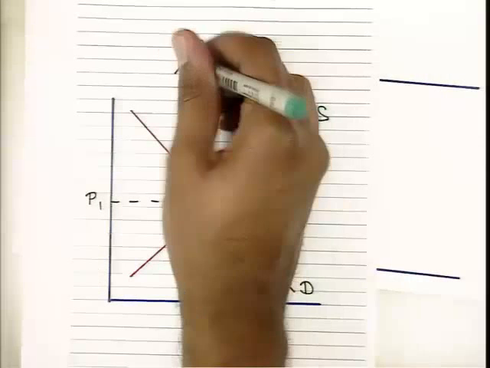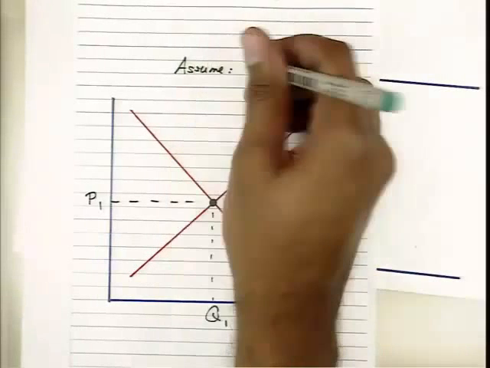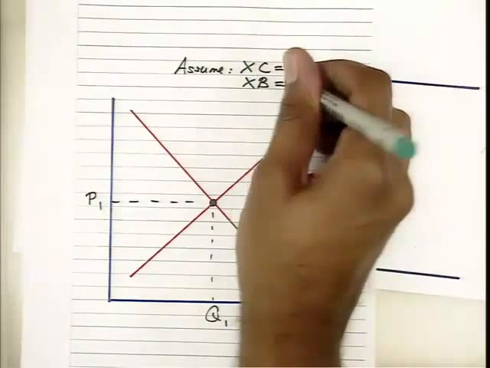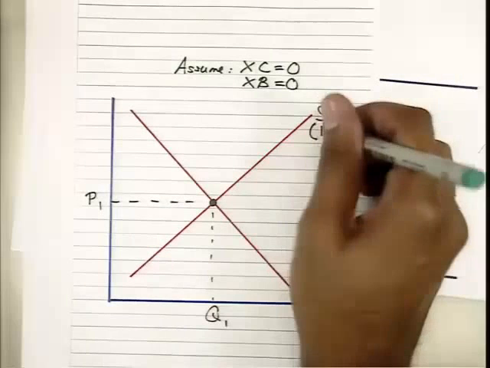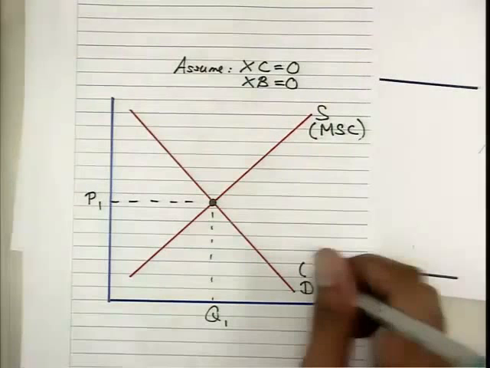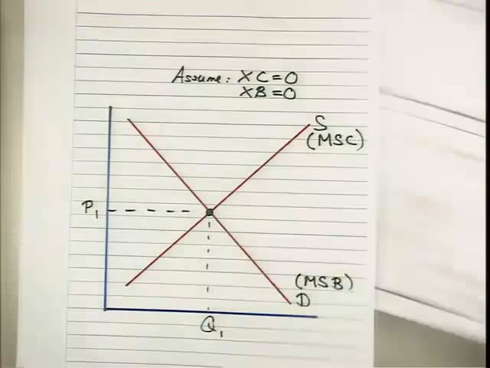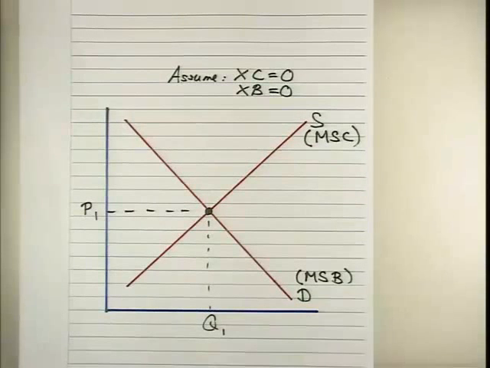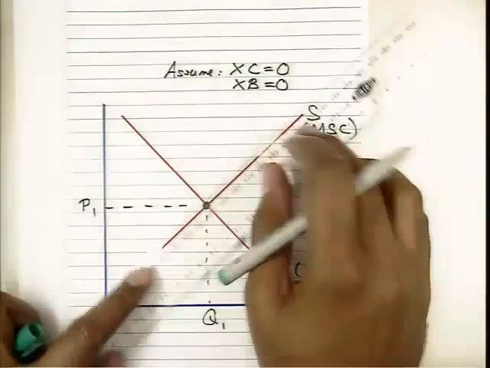Just to remind ourselves, there are no external costs and no external benefits, so the supply curve is already the marginal social cost curve. The demand curve is already the marginal social benefit curve. Imposing a per unit tax will increase the marginal cost, so it will shift that cost curve upwards.